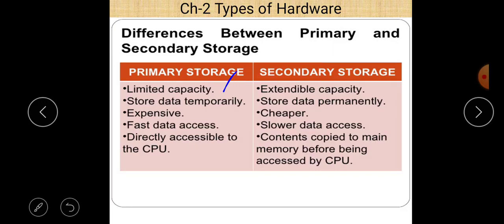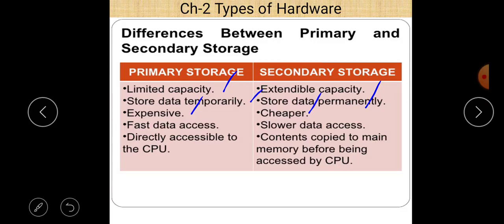We can store much more data in secondary storage because of its capacity. Data is saved permanently in secondary storage, while we store data temporarily in primary memory.